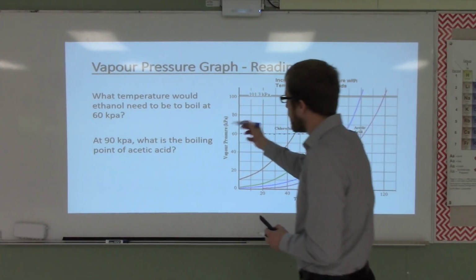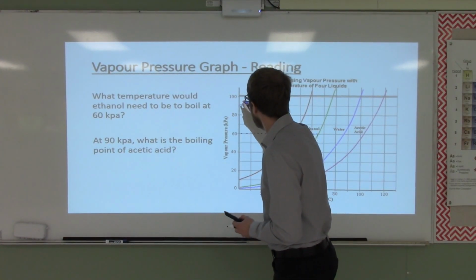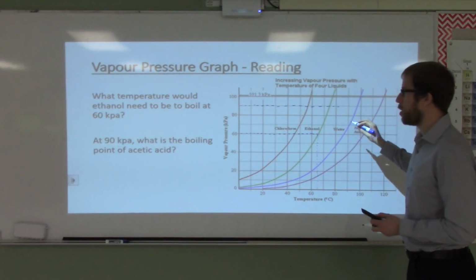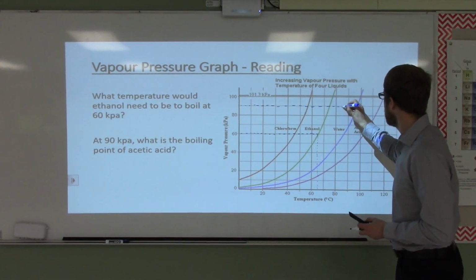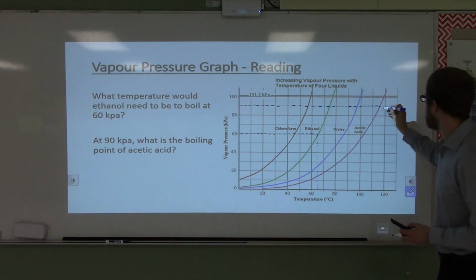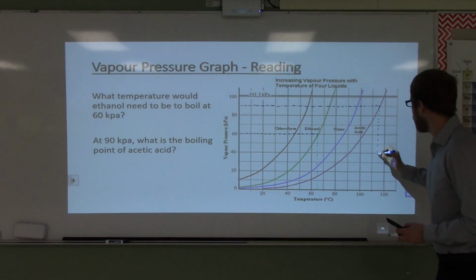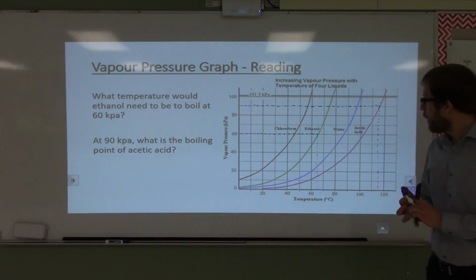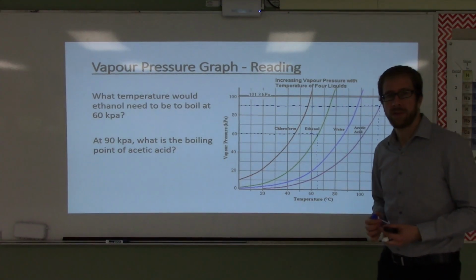Thus, we're going to need 90 kilopascals. And if we trace that across to our acetic acid, and then we trace that down, we get 115, 116, something like that. So that is how you solve these problems.